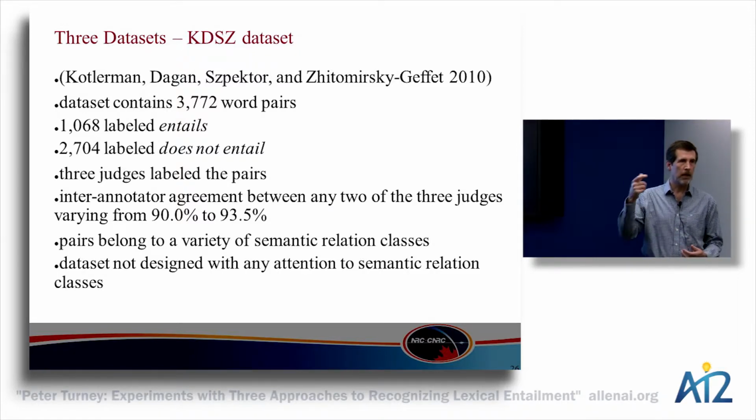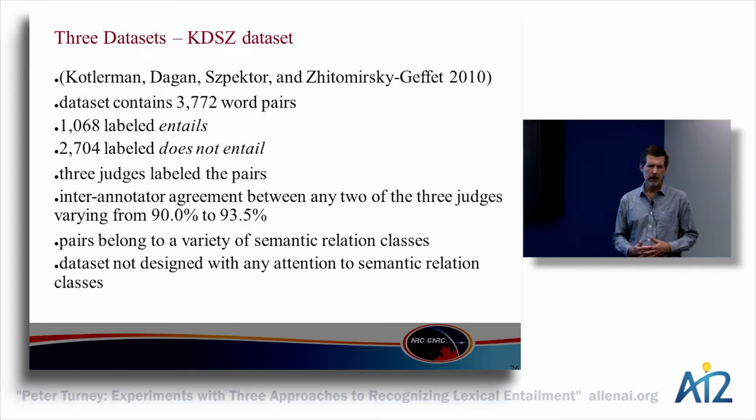Can you substitute animal in the place of dog in that sentence? And if you can, then it should be labeled entailed. If you can't, then it should be labeled does not entail. So this definition of entailment is subjective, but it leads to fairly high levels of agreement.